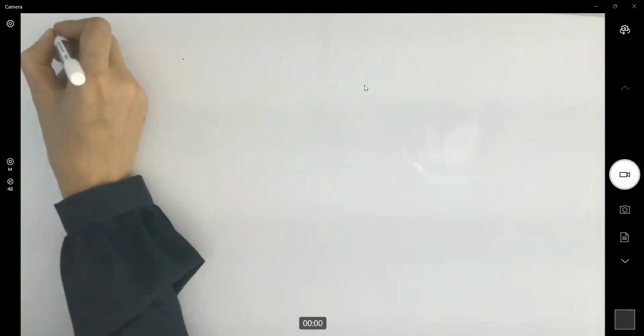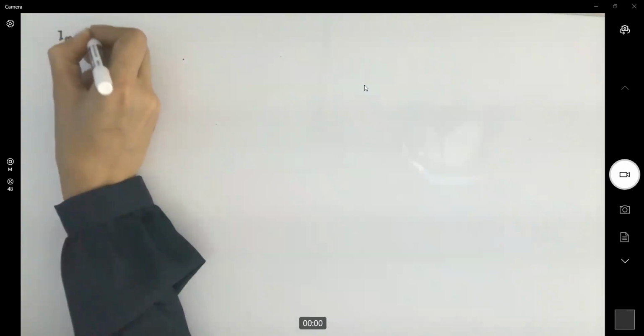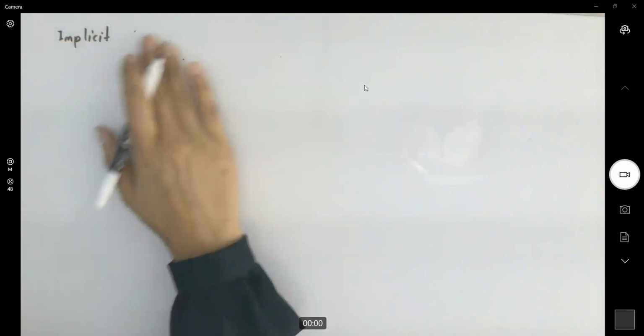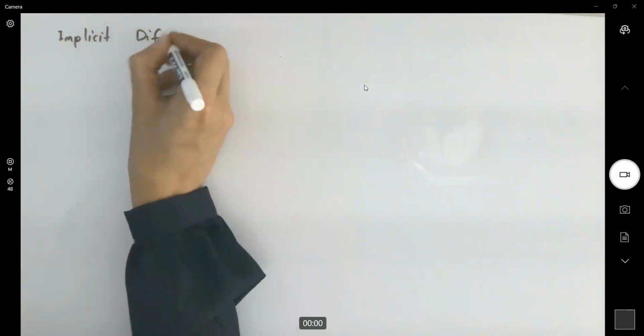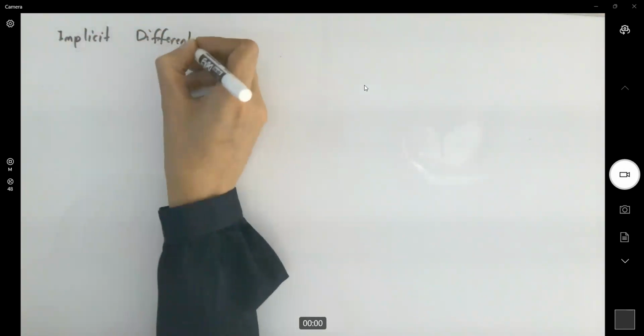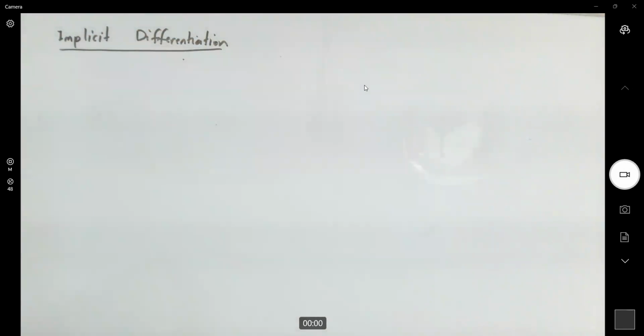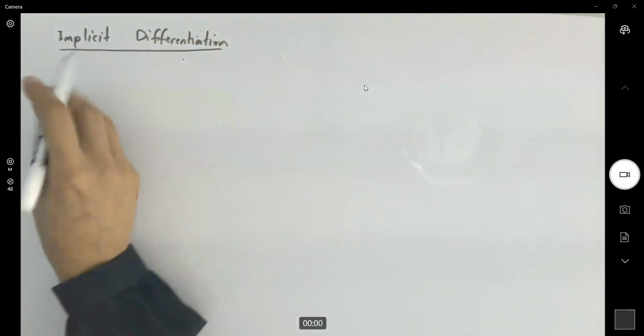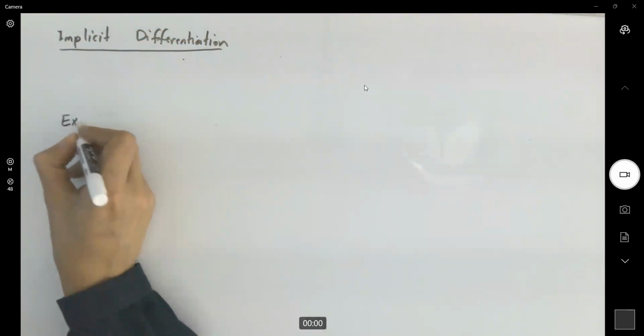Introducing implicit differentiation. For implicit differentiation, I'm going to start by writing the example and then introducing the formula.